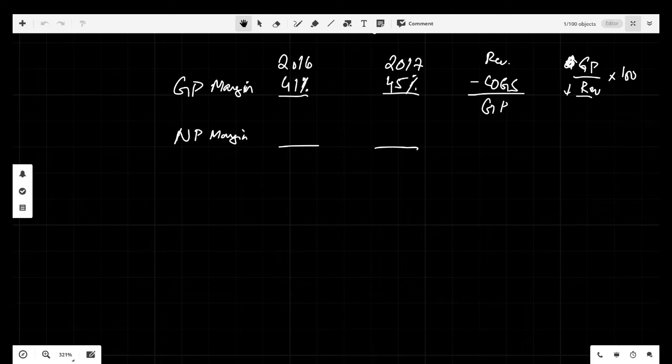So in fact, what I have to do is increase the gap between the revenue and the gross profit. If the gap between the revenue and gross profit grows, my gross profit margin would increase. Agreed? Okay.